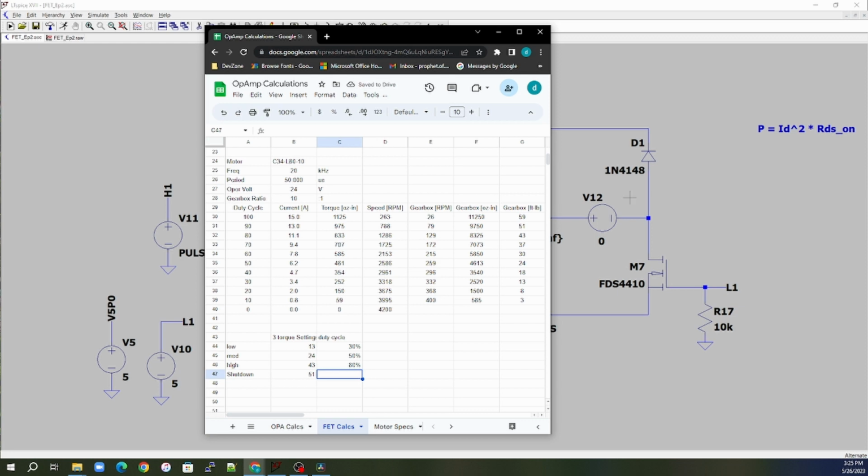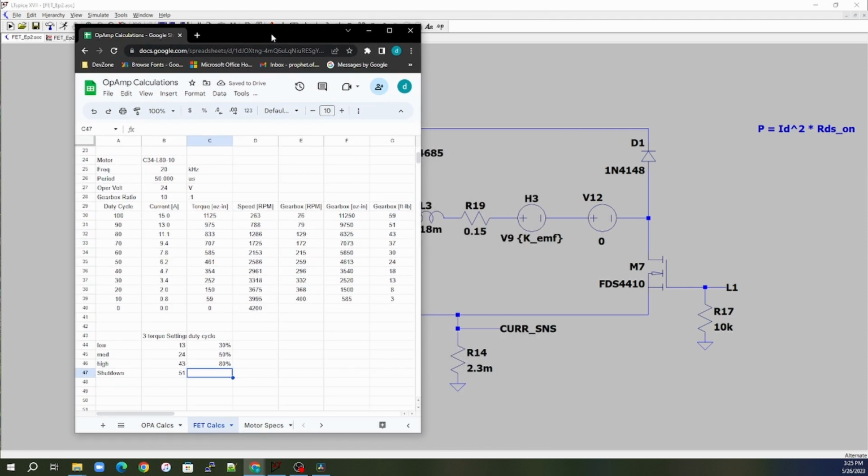But then our shutdown, how are we going to do the shutdown part? Well, that's going to be our current sense resistor, right? So if we look at our current sense resistor, that is 2.3 milliohms. Then what is our shutdown current at 51?